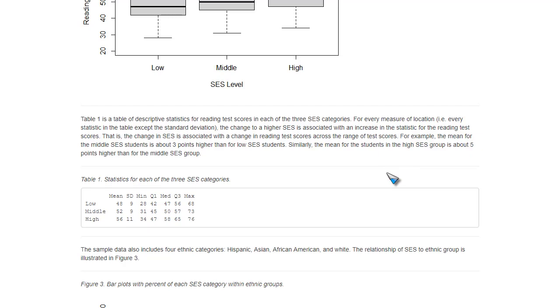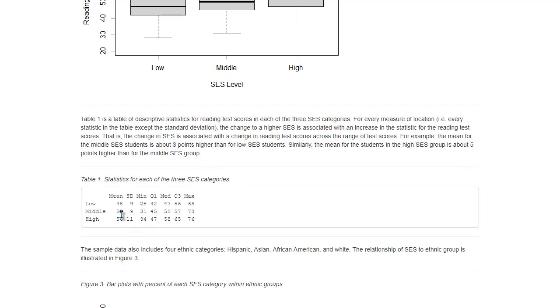And I say that the change is pretty much across the entire distribution. So I focus as an example on the mean. The mean for students in the middle SES group is about 3 more, or you could say 4 more with the rounding, than it is with low, and about another 4 more or 5 more. See, I got these 3 and 5 before I rounded.